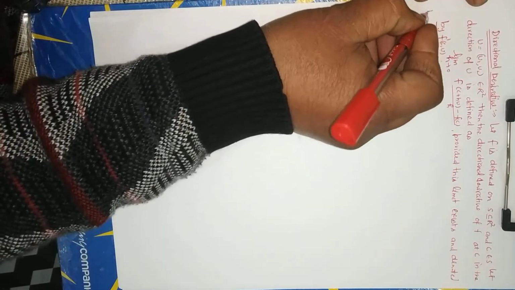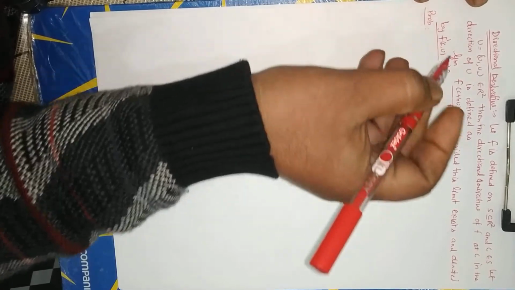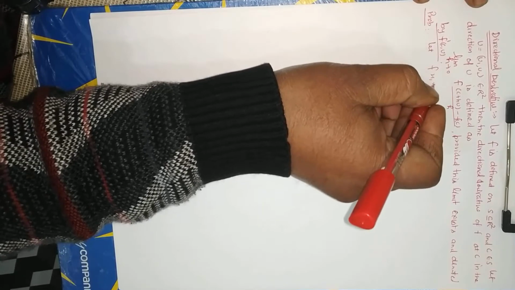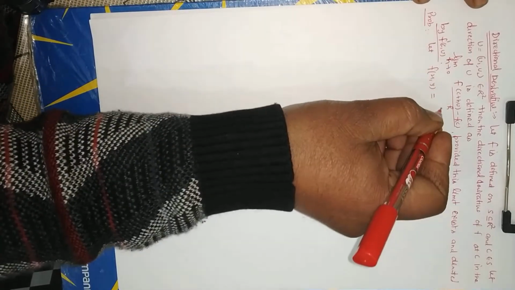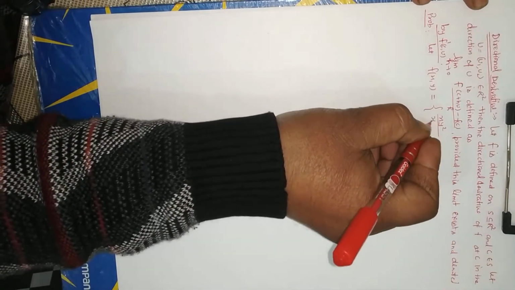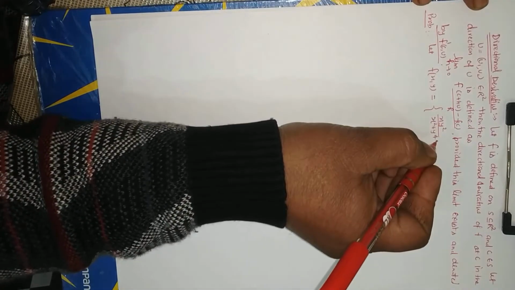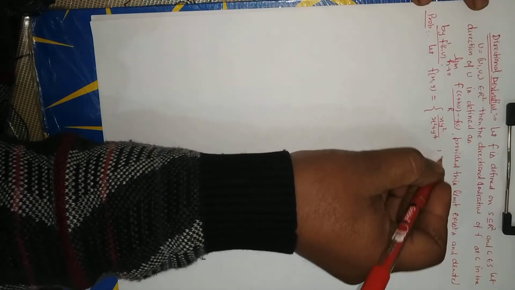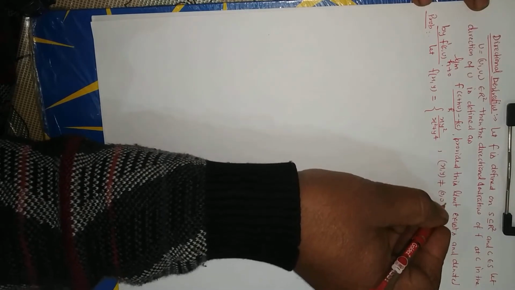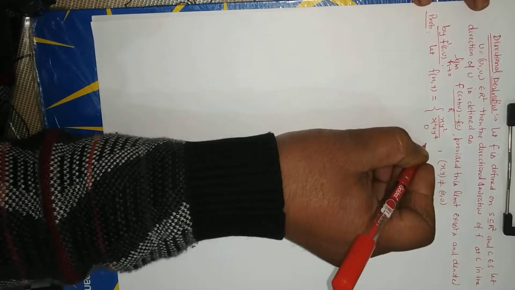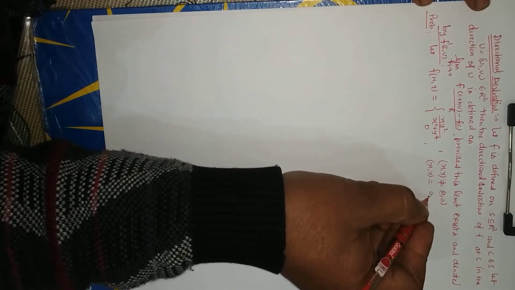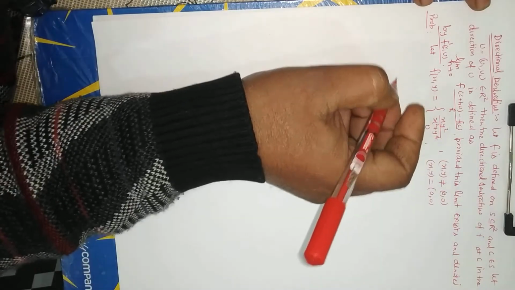Now problem. Let f of x y equal to x y square upon x square plus y to the power 4, for x y not equal to 0 comma 0, and the value of f of x y is equal to 0 when x comma y equals 0 comma 0.